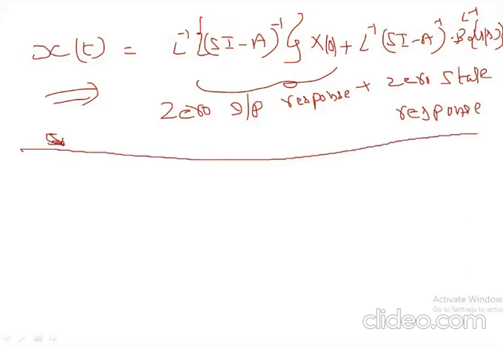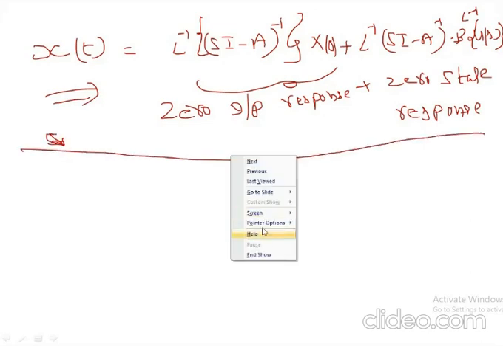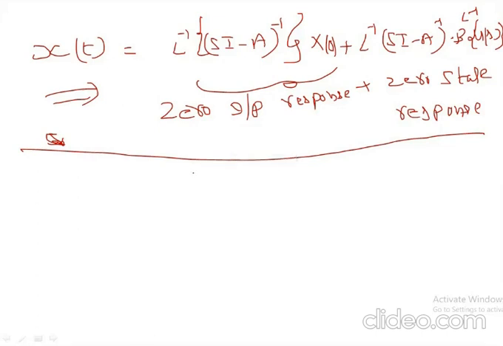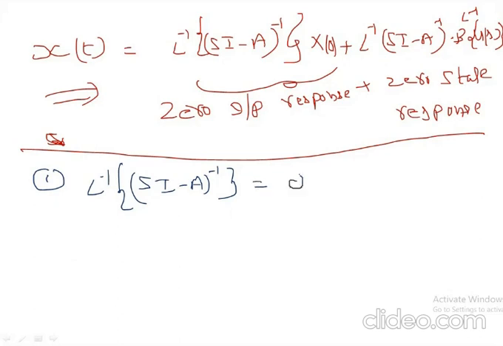Now from this expression I extracted two things. Remember this point to be noted here. Number one is L inverse of (sI minus A) whole inverse. Why I am stressing this is that in some cases, rather than asking for x of t, he will ask directly only this one. Find out L inverse of (sI minus A) whole inverse, which is also known as phi of t in some textbooks, which is also equal to e power At in some equations.